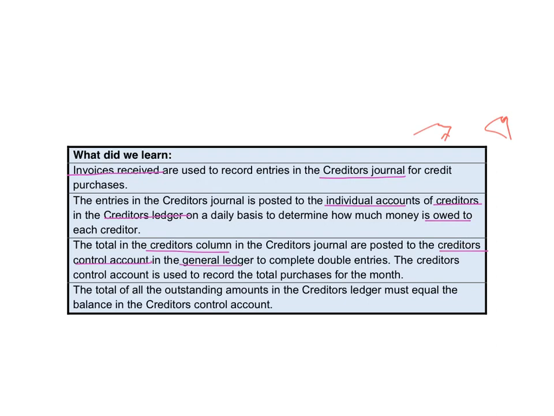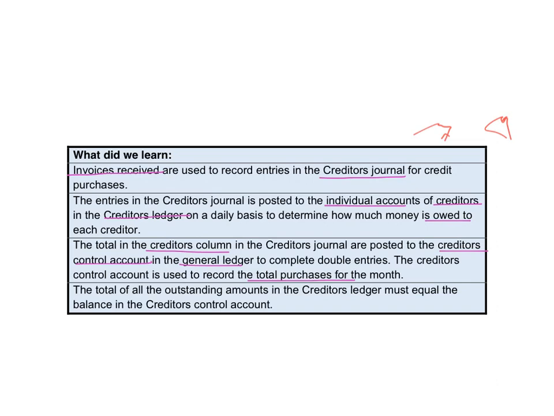The creditors control account is used to record the total purchases for the month. So the individual entries will be posted to your other ledger accounts, and the total of your purchases, total of creditors allowances, and total payments will be posted to the creditors control account.